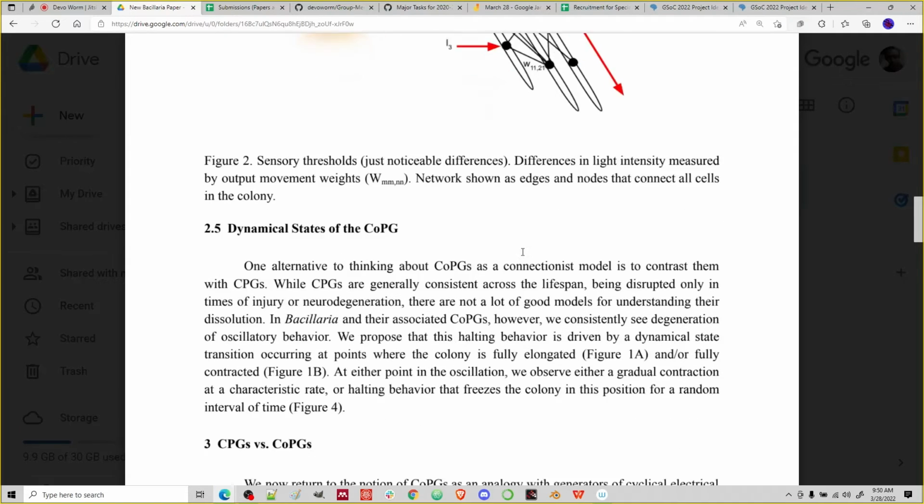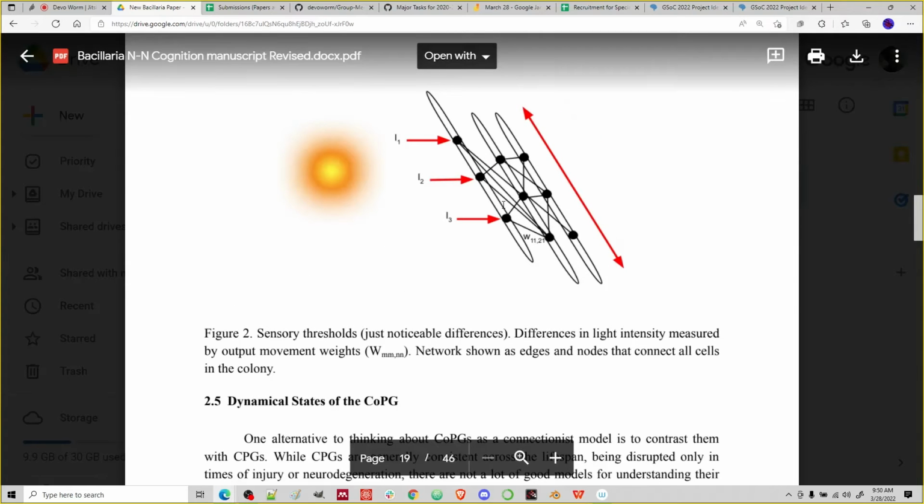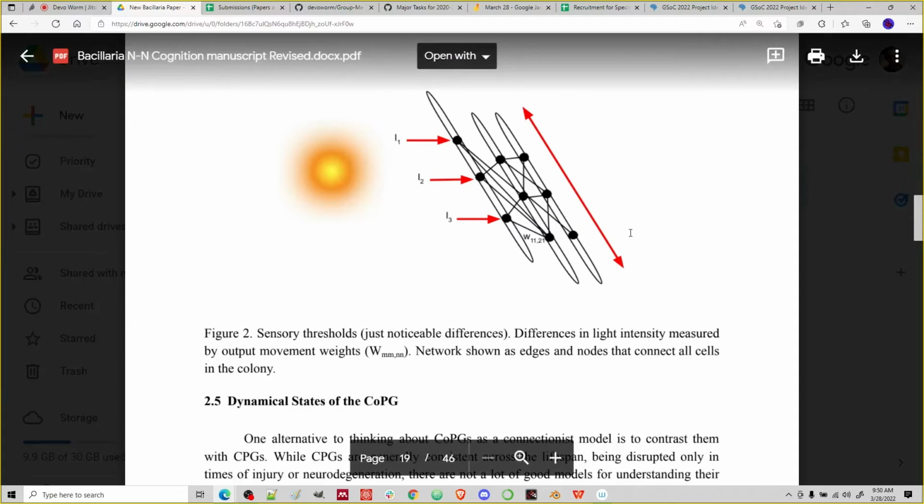operate. And then of course you expect that the COPG will generate lawful responses, things that we can characterize mathematically with respect to maybe some of the fluctuations in the stimulus or some of the external fluctuations that you might find.